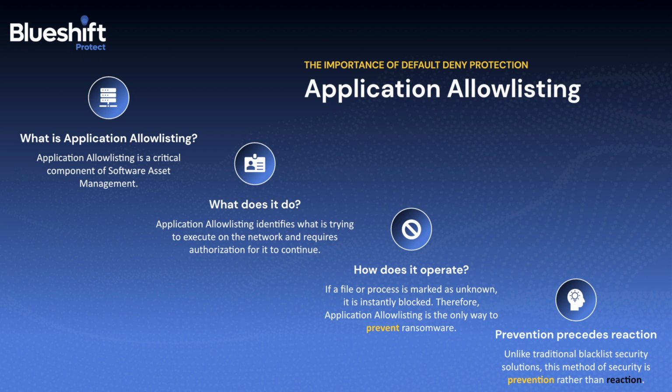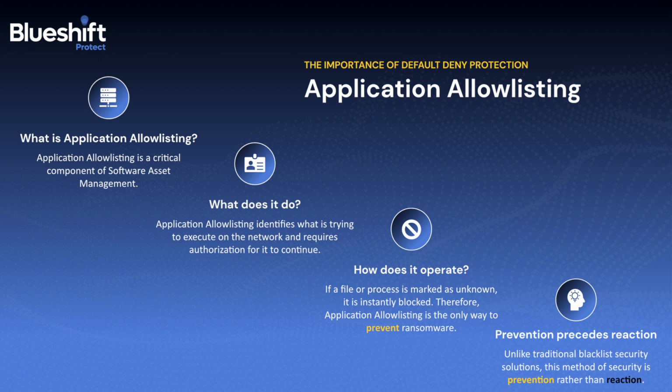Well, if you think about it, instead of trying to figure out which files or executables are bad, whether by hashes, heuristics, artificial intelligence, or whatever methodology you're using to determine if a file is bad and then not allowing it to run, it's a much better model to just assume that everything is bad and only what you know is good is allowed to run.